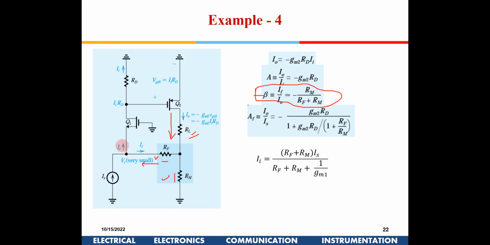So this is a current divider out here. I have I out here, right? And now if I have to make it without feedback, I remove this connection. If I remove this connection, I will have RF and RM coming here in the input side. Is it okay?